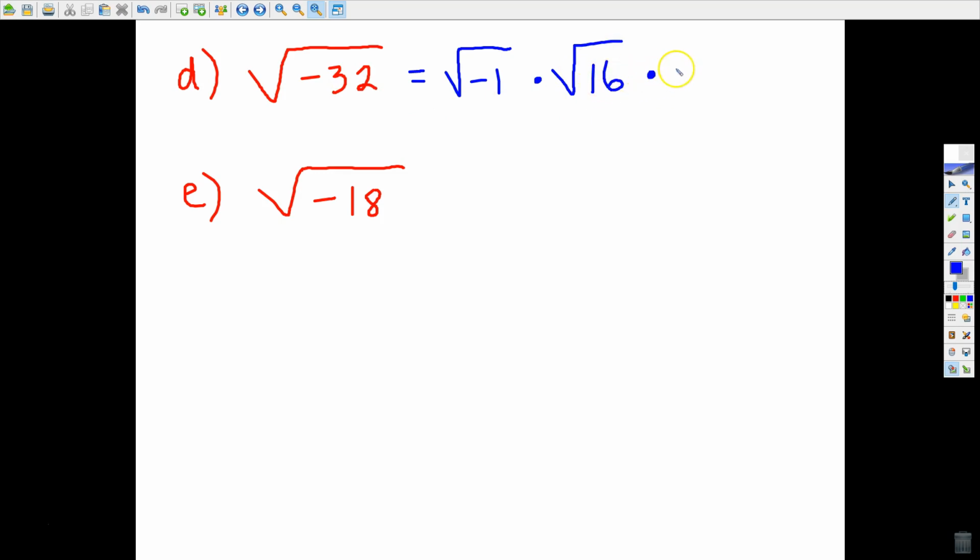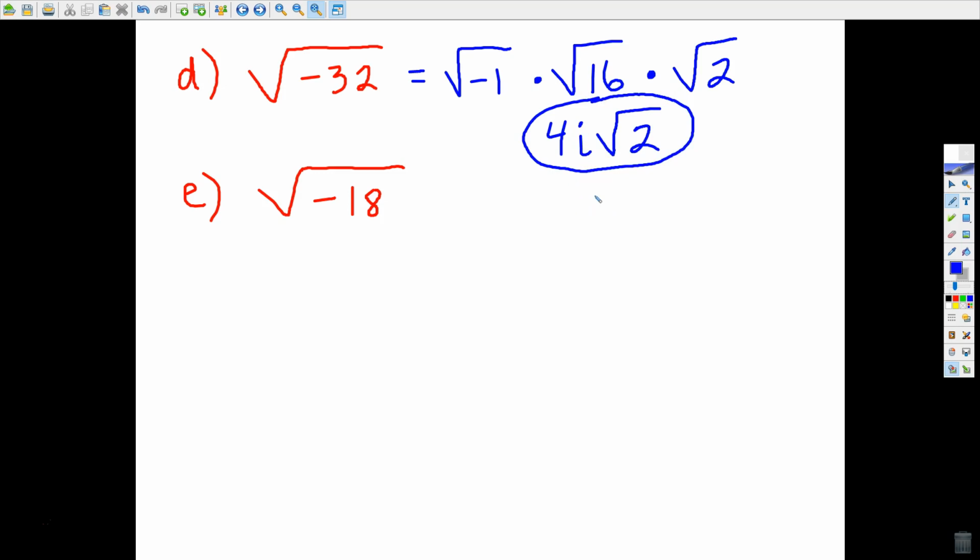To make positive 32, I'm going to have to multiply by the square root of 2. And now I'm ready to write the imaginary number answer. Square root of 16 is 4. Square root of negative 1 is i, and then we're going to show that being multiplied by this radical that cannot be simplified, the square root of 2.